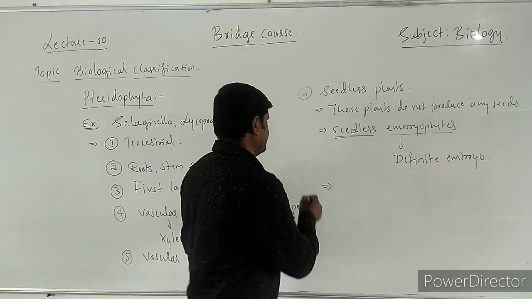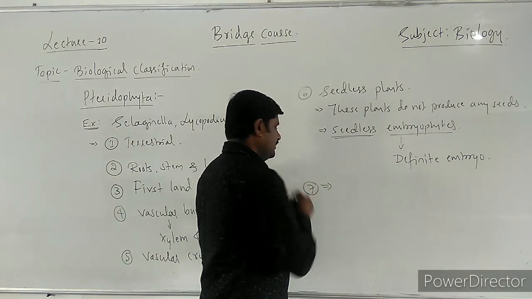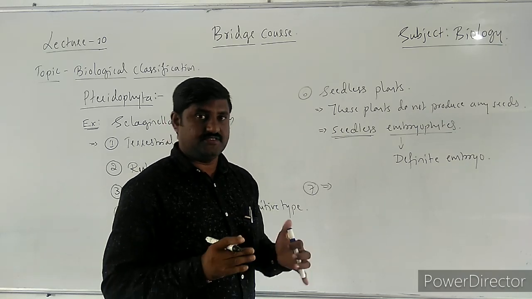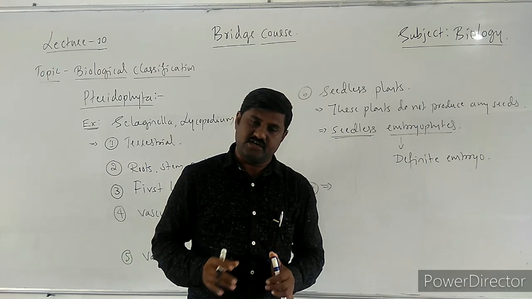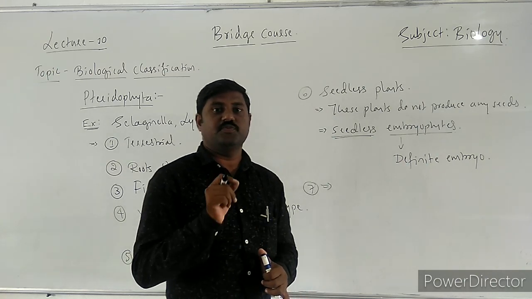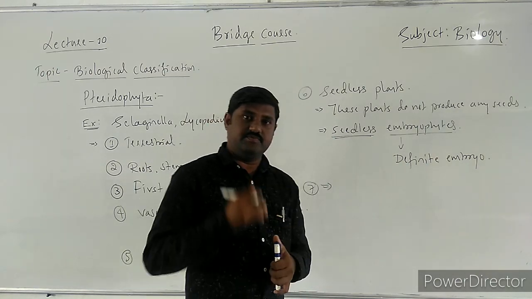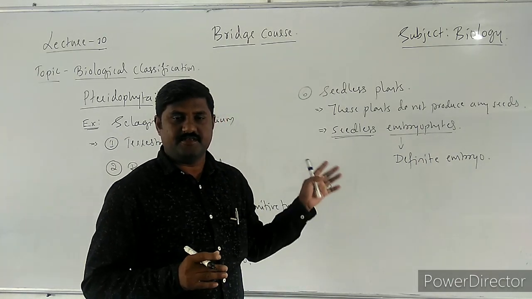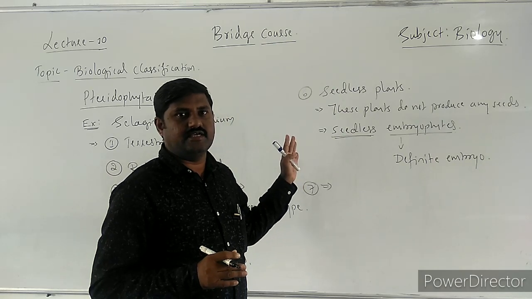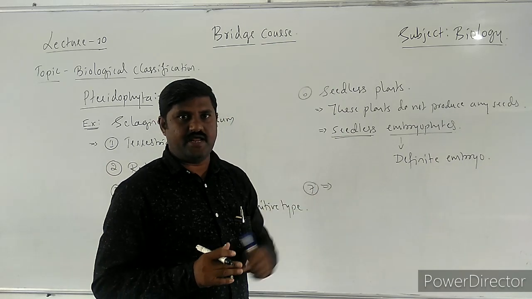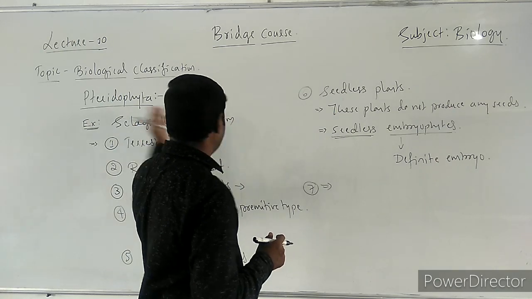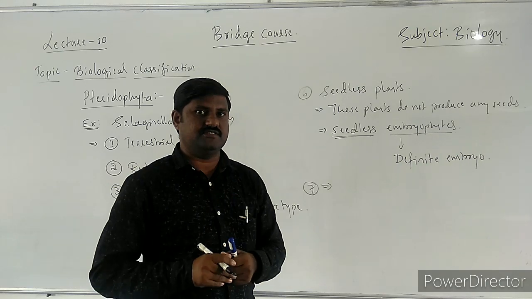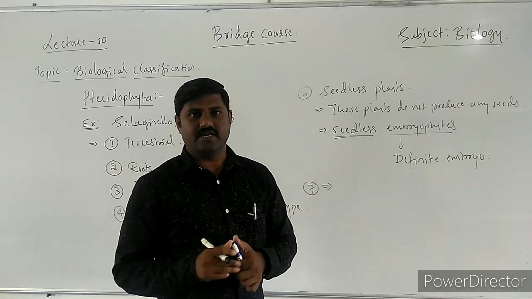Next characteristic feature: these are spore producing plants, meaning the dominant phase of the life cycle of these plants is sporophyte. Already in the previous class I have told there are two generations. Bryophytes as well as pteridophytes have two generations, alternatively occurring in the life cycle.